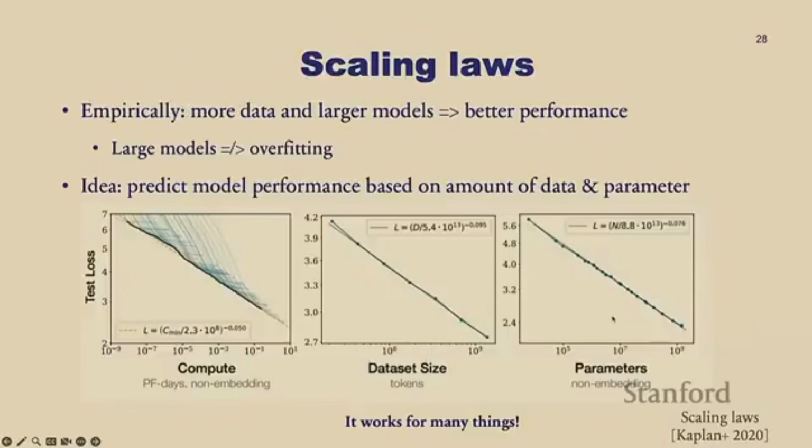If you increase the number of parameters, the loss will decrease by an amount which is somewhat predictable. This is really amazing, very surprising. I mean, it looks innocuous when you look at these types of plots, but that's crazy because it means that you can predict how well we're going to perform in 2-3 years, depending on how much compute we will add, assuming that these things will hold. There's nothing theoretical about it.